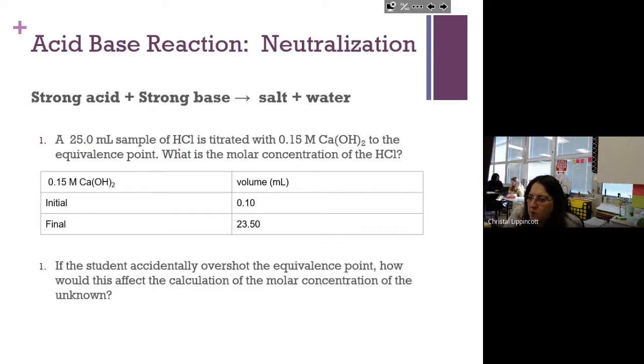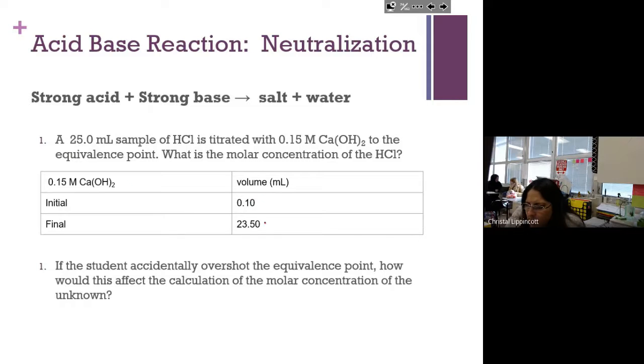All right, so here they are figuring out, they've got 25 mils of HCl. They're titrating that with 14 mils of calcium hydroxide. And what is the molar concentration of the HCl? So you're going to take this guy right here. Oh, they gave us values here. Okay, so this is the calcium hydroxide.